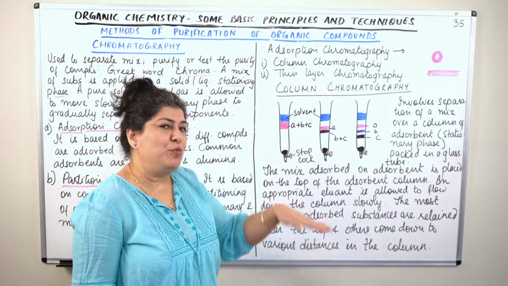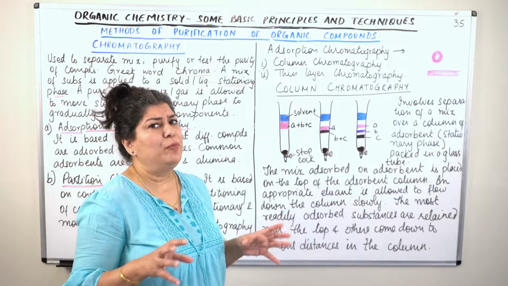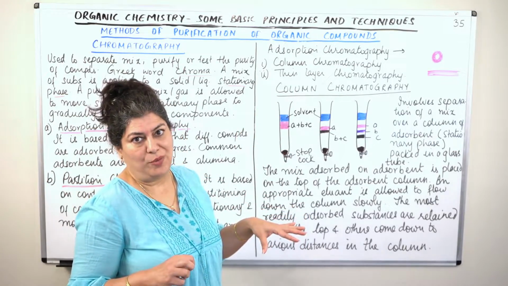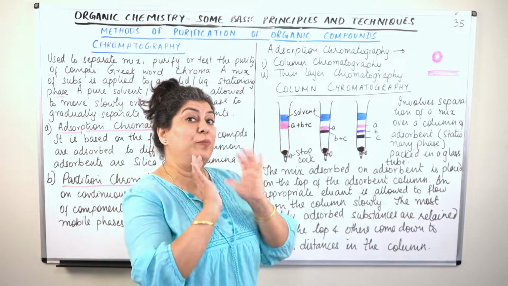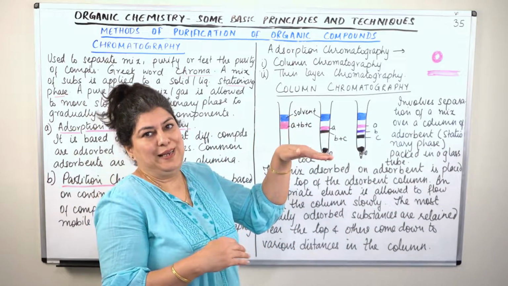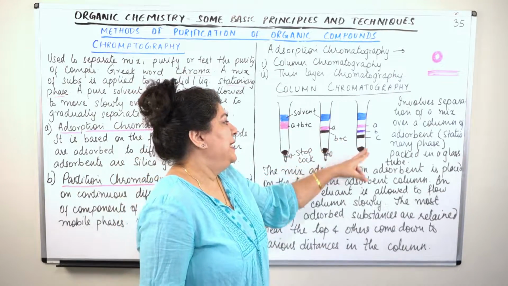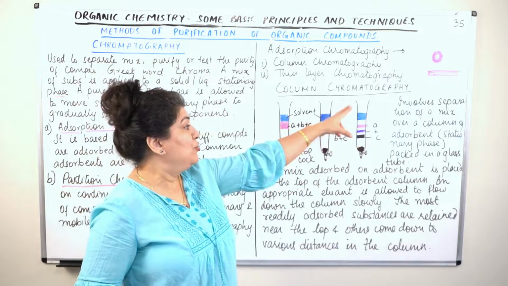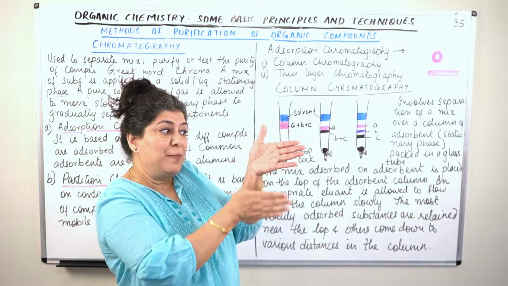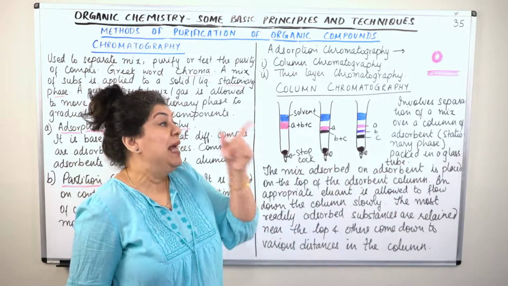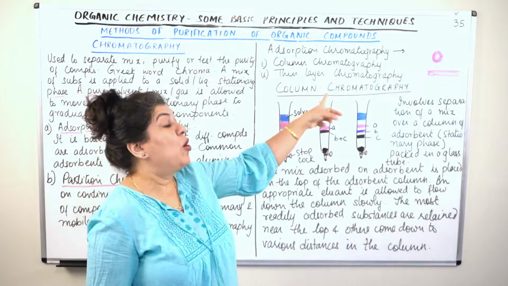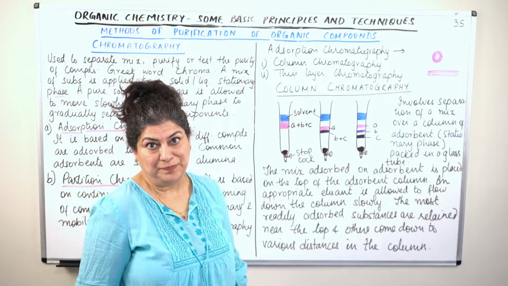The one that travels the most did not get adsorbed easily, it took longer to get adsorbed. And the one which got adsorbed easily will stop very quickly because that will be the first one to get adsorbed. So A, B, and C have now formed, you see in the entire column, the compounds have been separated in the column. And that is why it is given the name column chromatography.